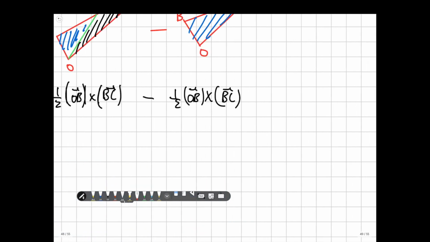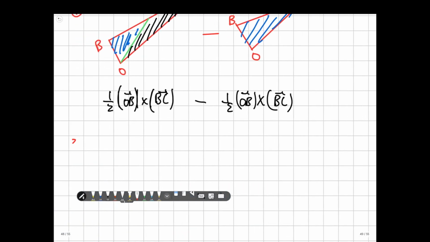And the second approach is that because we know the cosine square of the angle ODC plus the sine square of the angle ODC, that is an identity which is equal to 1.